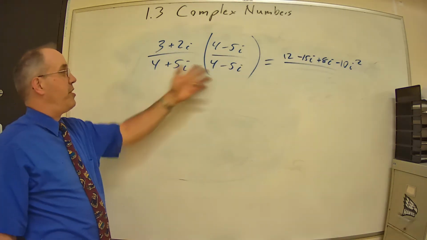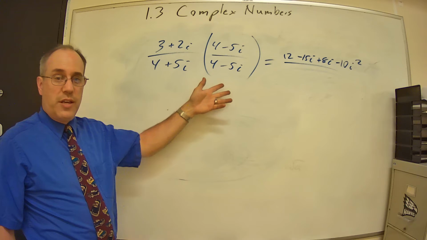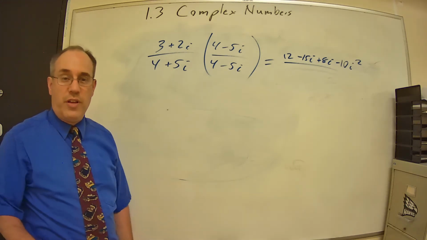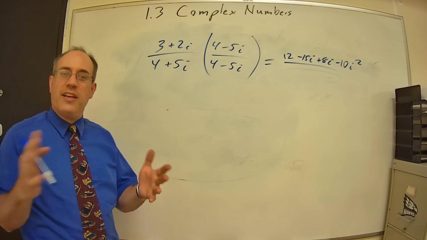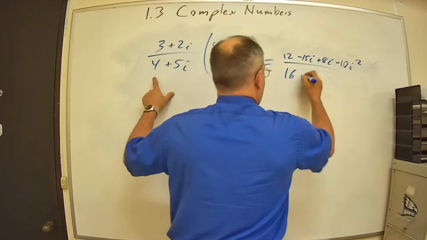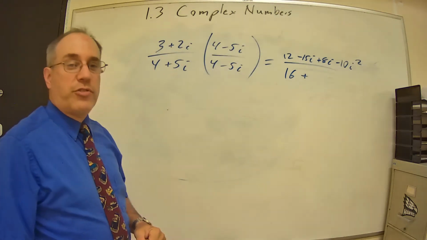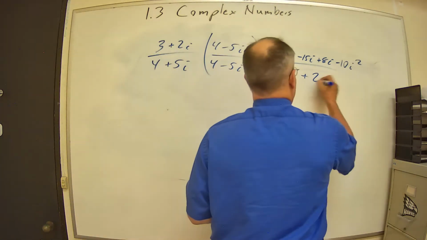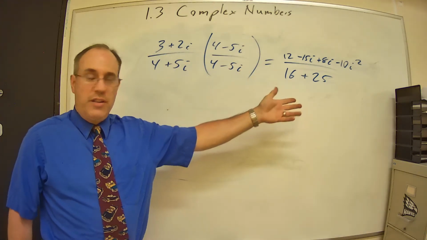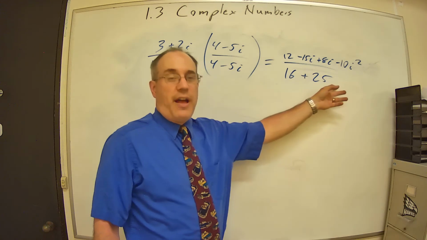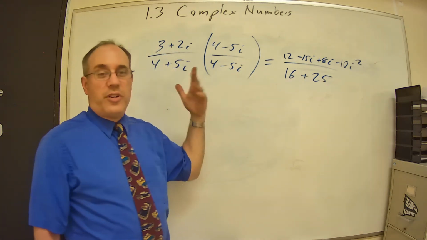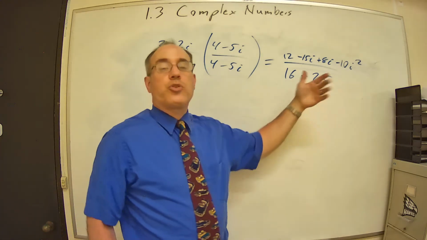For the denominator, that's the product of the sum and the difference, they're complex conjugates, so it's going to be the difference of squares, but it's going to be the sum of squares. So 4 squared is 16, plus 5 squared is 25. Because it would give us 25i squared, so we'd have 16 minus 25i squared, but i squared is negative 1, so it gives us 16 plus 25.